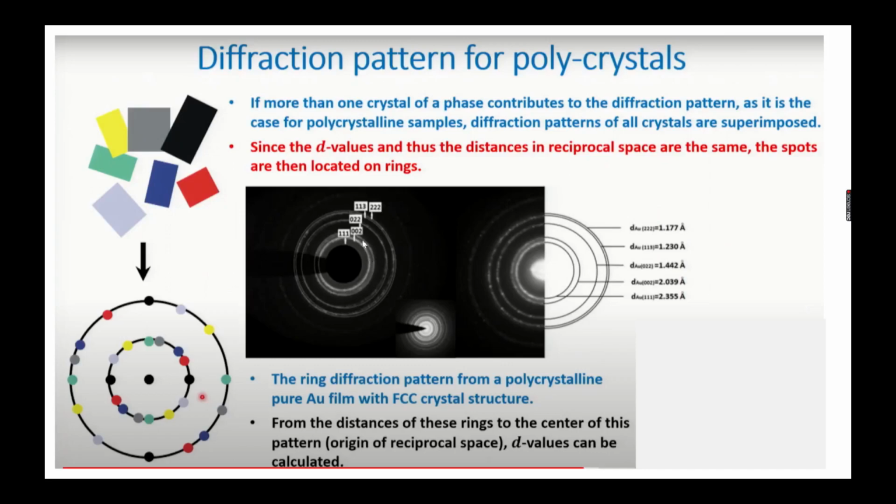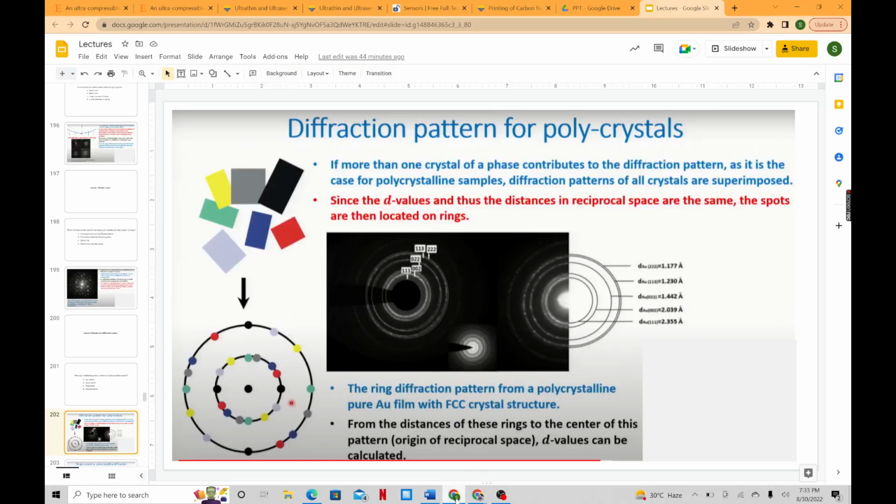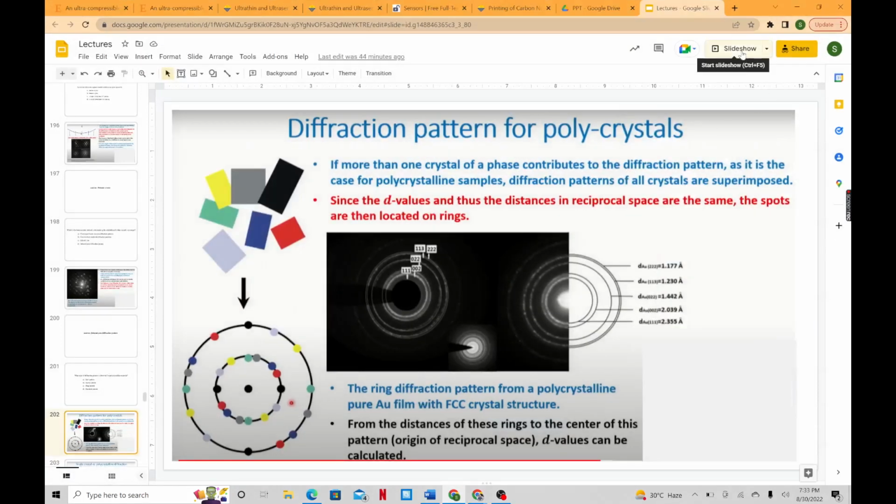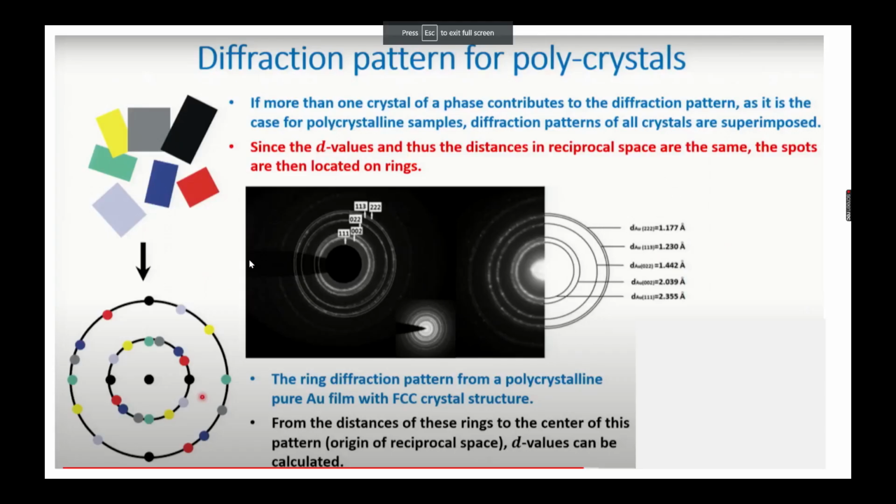In the polycrystalline material, suppose these are different crystallites, represented by different colors. The main reason for getting this ring kind of pattern is superimposing. The diffraction patterns of the different crystals get superimposed. If it is a single crystalline material, the diffracted beam will come, your Ewald sphere will touch the reciprocal lattice, and it will satisfy Bragg's law, then you will get a spot.